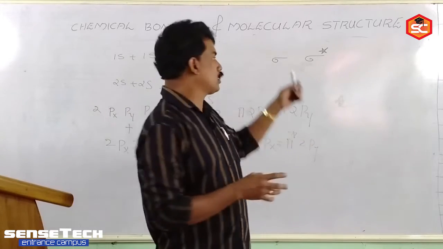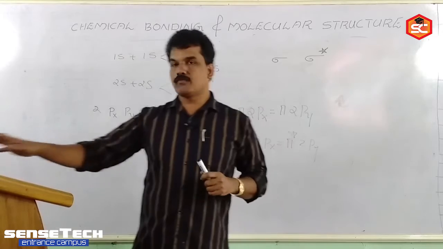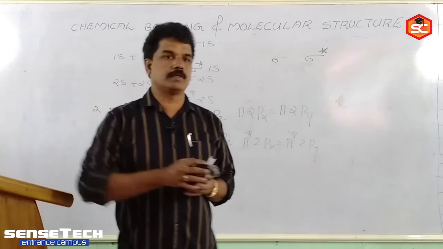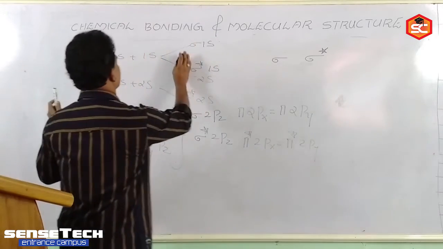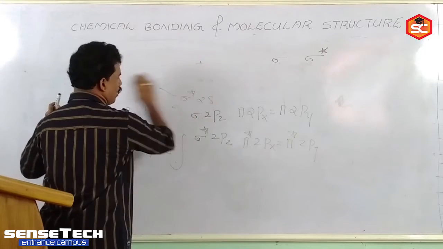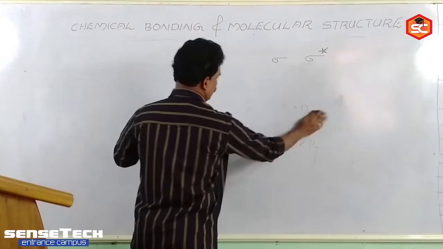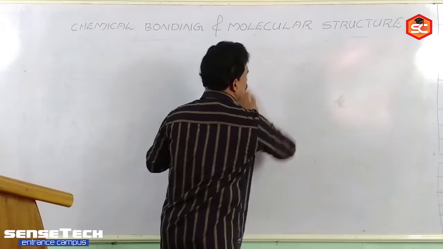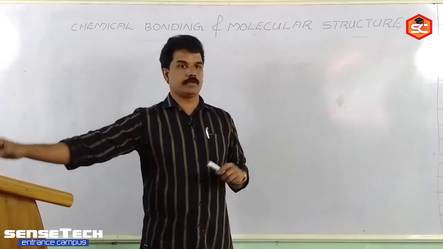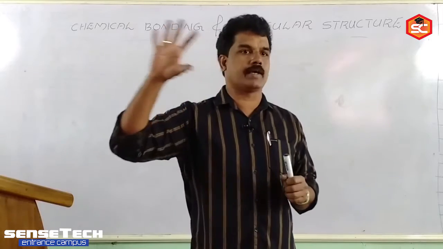Same way in molecular orbitals also, when you are filling electrons, all the rules and regulations you have to follow here also. So in the case of p orbital, see, initially we are filling 1 electron each in p orbital, x, y, z, that order we can keep.